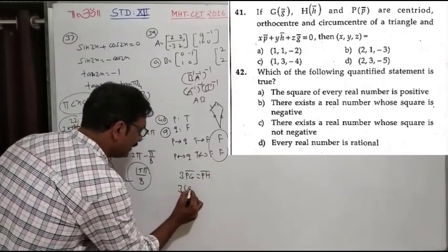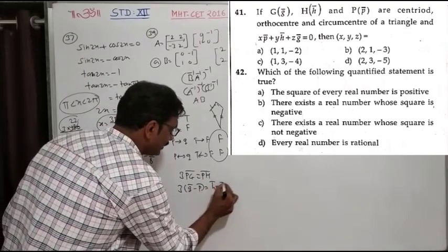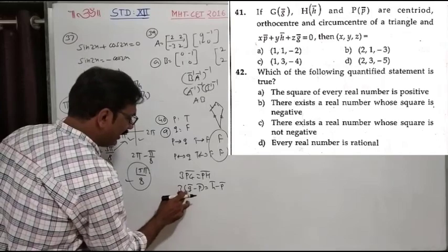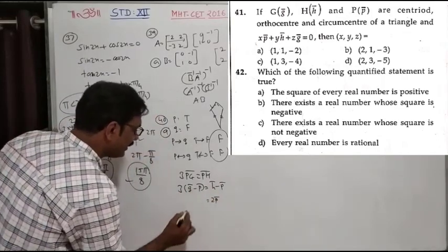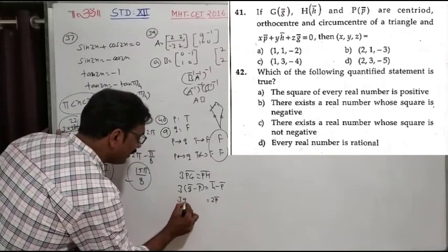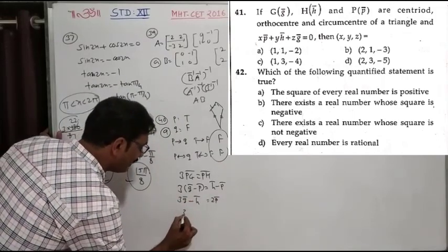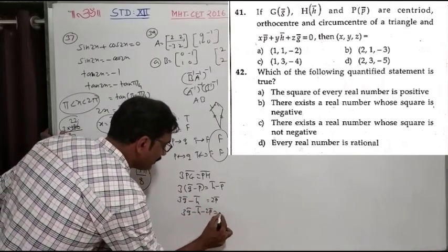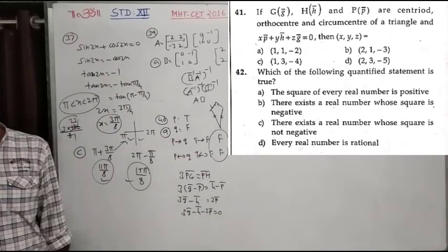You may solve this. 3(g bar minus p bar) equals h bar minus p bar. This will be minus 3p, moving it over it becomes 2p. Okay, this is 3g minus h. If you want it, 3g minus h, like this. So by using that you can guess the answer.